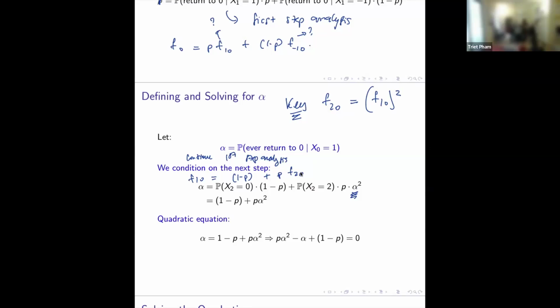What should f20 be equal? At least, let's say, conventionally.